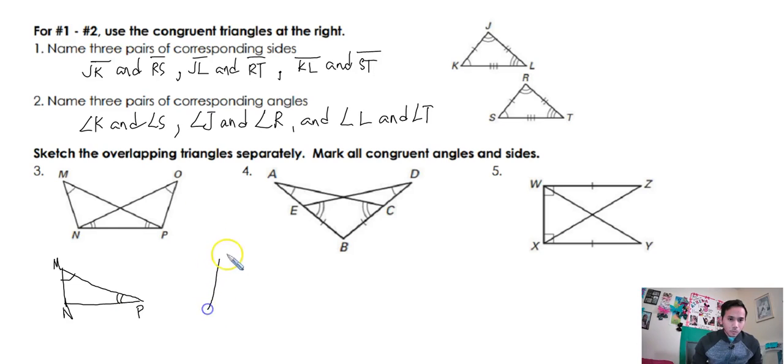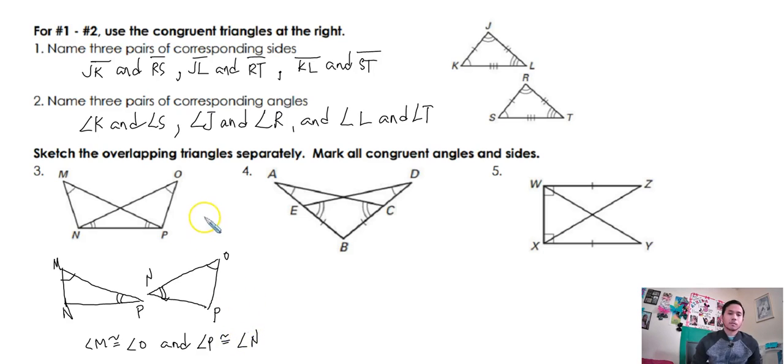So we have O, P, and we also have that here, and this is N. Take a look, N is congruent to P, and O is congruent to M. So angle M is congruent to angle O, and angle P is congruent to angle N on this relation.